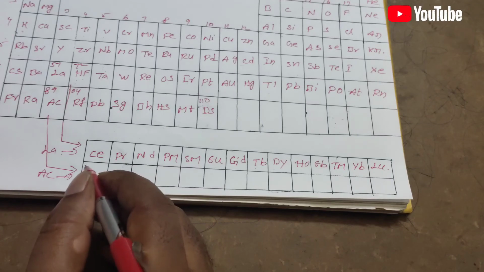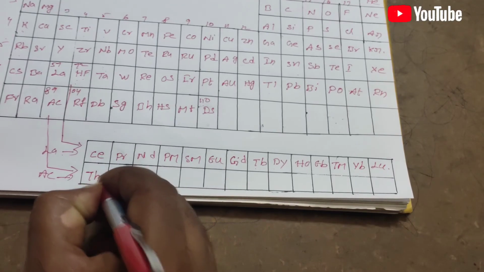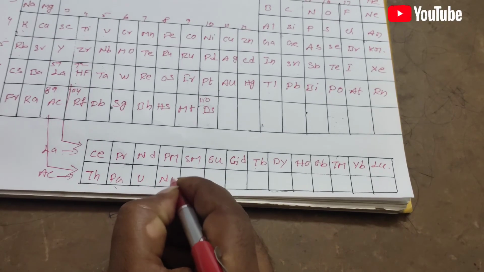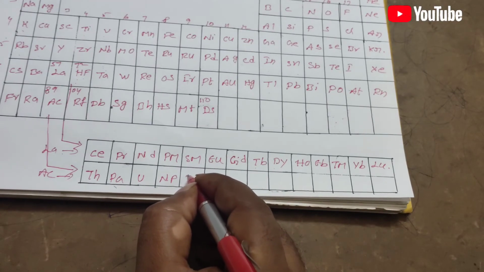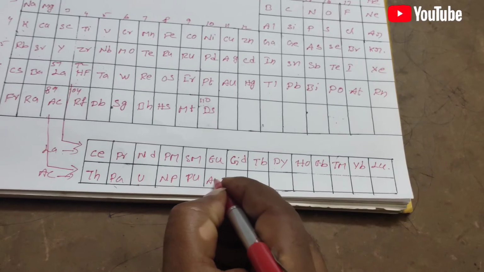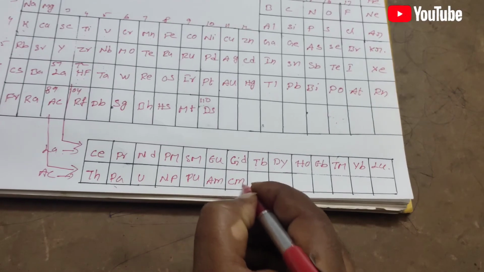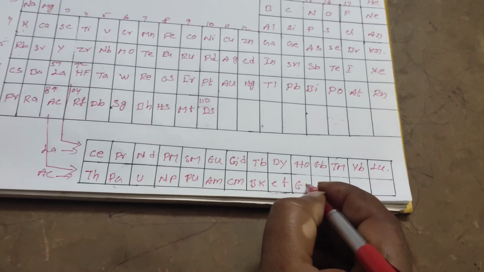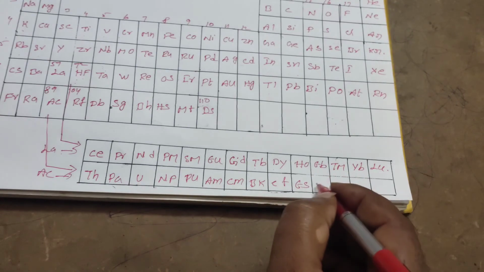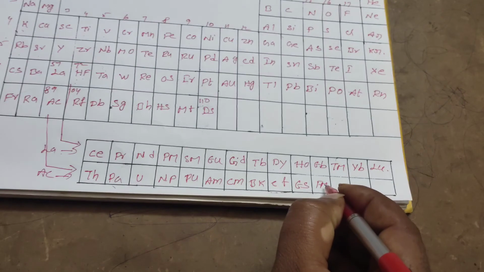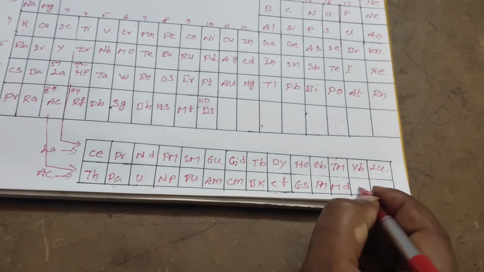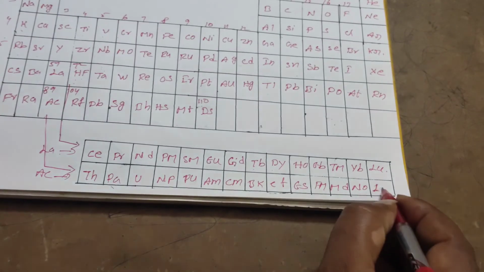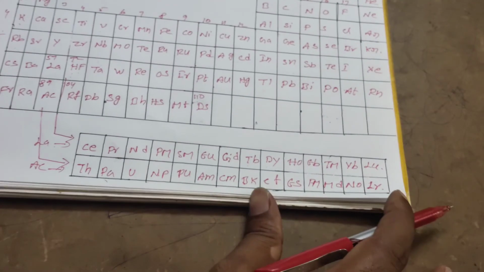The 90th element is thorium, protactinium, uranium, neptunium, plutonium, americium, curium, berkelium, californium, einsteinium, fermium, mendelevium, nobelium and lawrencium.